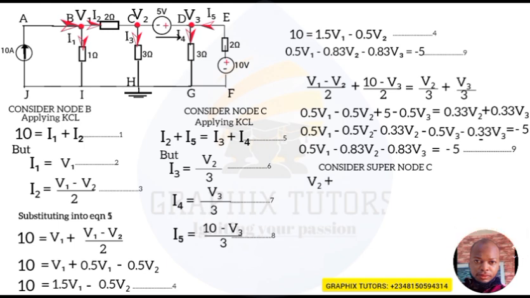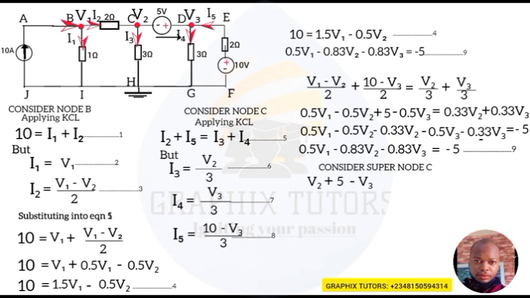Plus the voltage in between them, which is 5, right? Minus the voltage to where we are moving to, which is V3. So V2 plus 5 minus what? Minus V3. Is that taken now? So that is what we have here.